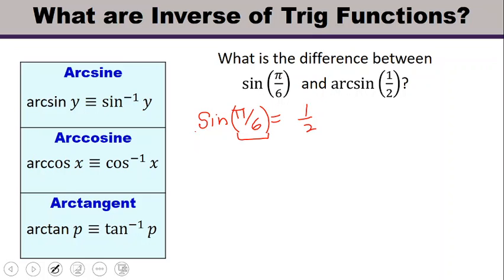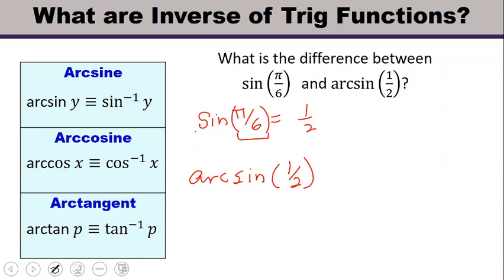Now, if I take the arcsine of half, I'm asking the question: what angle will give me half when I take the sine of it? That is, if I take the sine of an angle and it gives me half, then what is the angle? That is why we are using the arcsine.